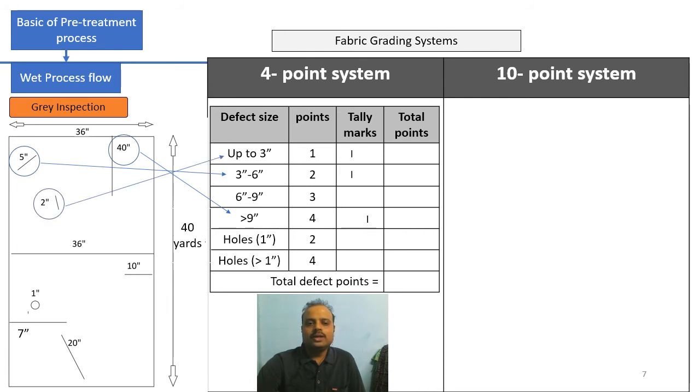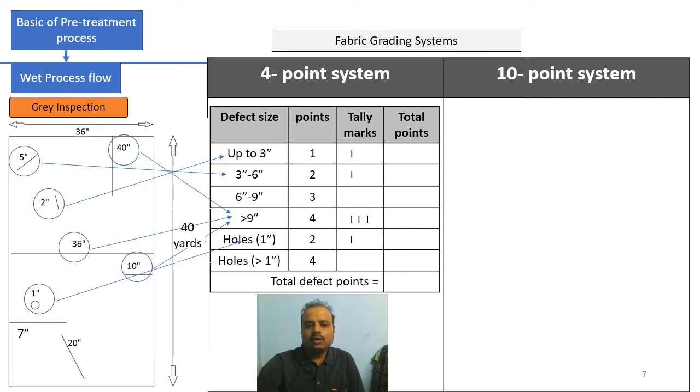Then the 2 inch defect goes up to a 3 inch size defect, which has 1 penalty point, 1 tally mark. The 36 inch fabric defect is greater than 9 inch. Earlier we already had 40 inch in this category, 1 tally mark, and 36 is the second tally mark. 10 inch is again greater than 9 inch, so the third tally mark.